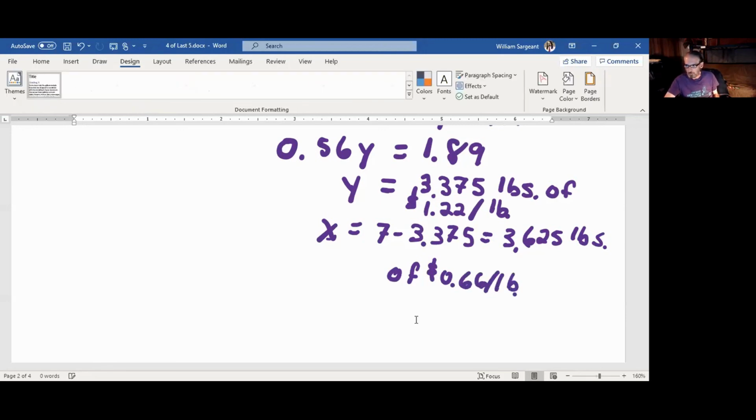Couple of points here. Notice how these are pretty close, but X is a little bit larger.